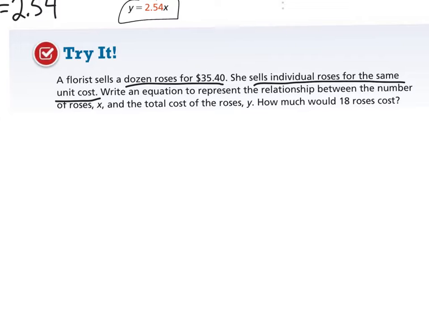Write an equation to represent the relationship between the number of roses x and total cost of the roses y, and then how much would 18 roses cost. They told us what to do here. They didn't have to, but they did, so that's okay.